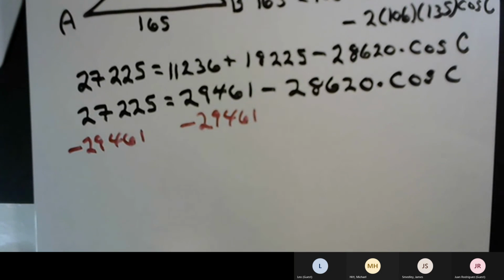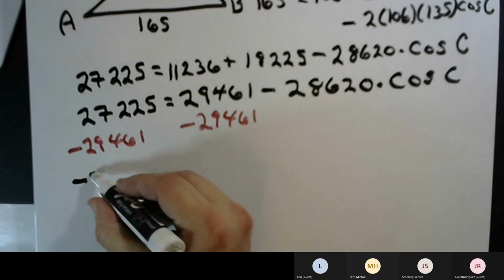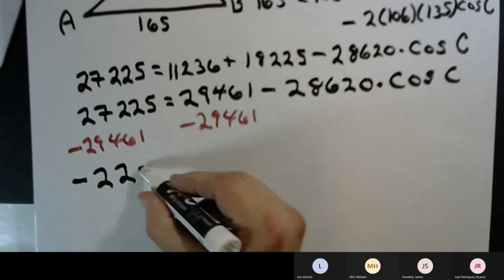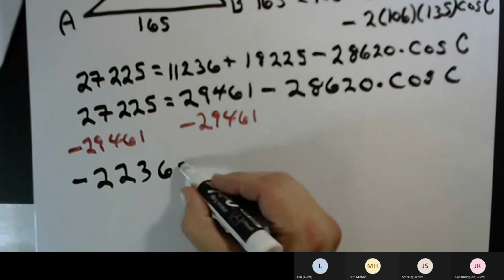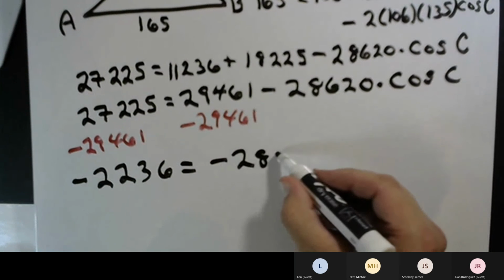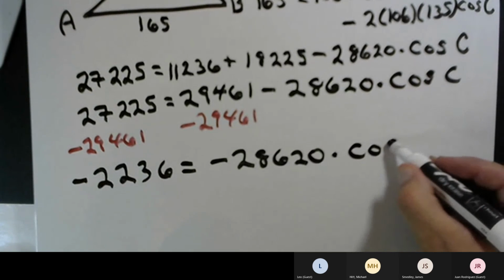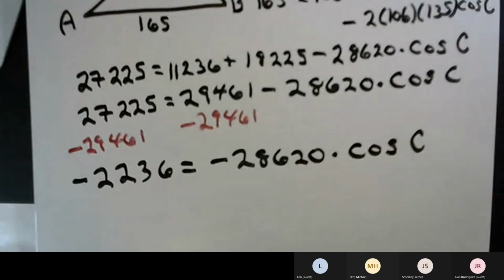Do that on the calculator. We'll get negative 2,236 equals now a negative 28,620 times the cosine of C.